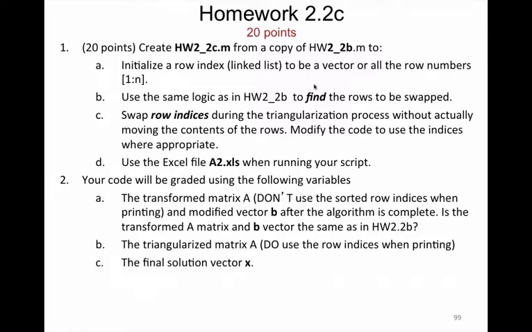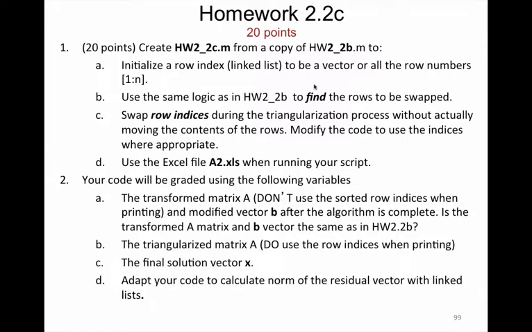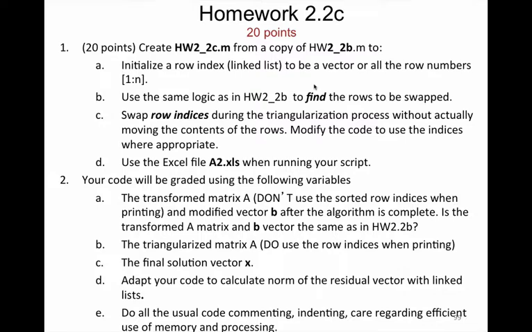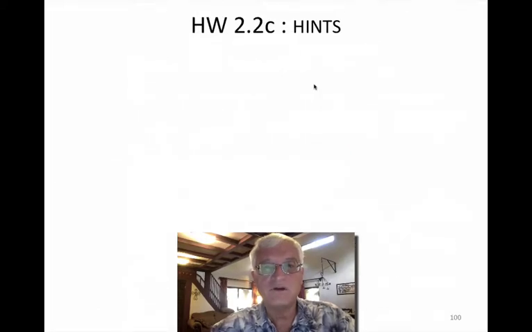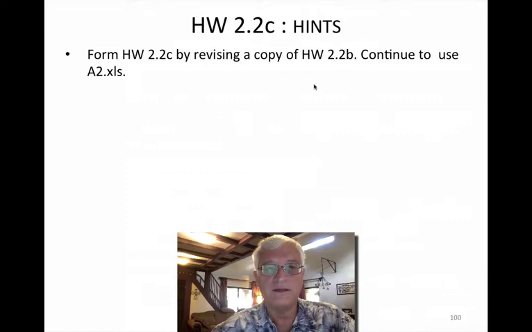So continue to print out your solution, calculate the norm, and take a hard look at that to make sure that you don't have to do something a little different in calculating your norm, and then do all the normal commenting and indenting that we always do for the code. So that's the homework. Now let's take a little closer look at some hints on how to put that together.